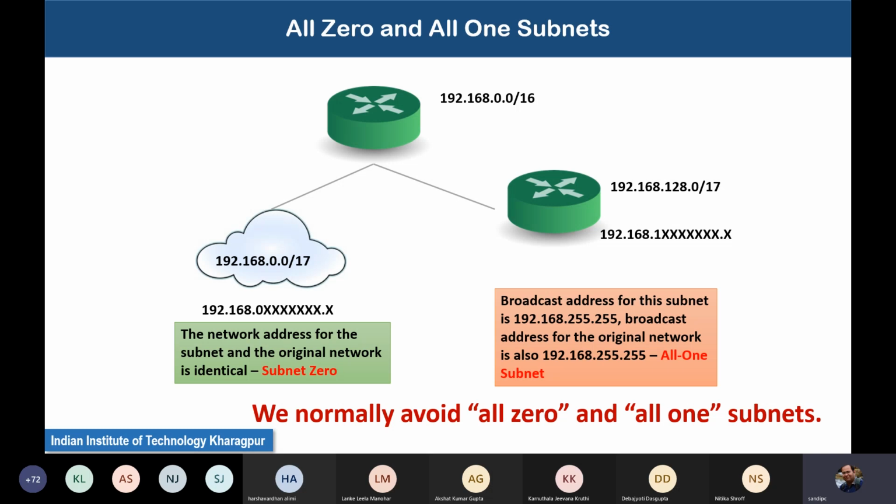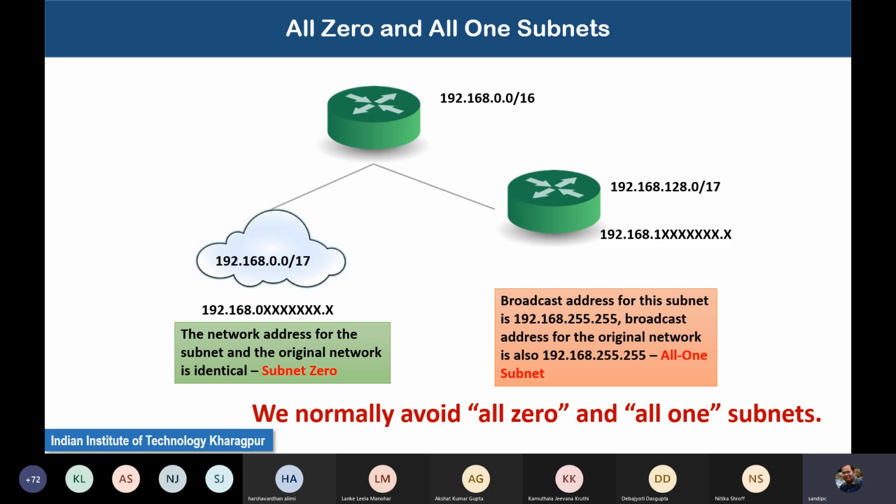In case of all 1 subnet, if you take this one here, the broadcast IP of this subnet will be all host bits as 1. So the broadcast IP will be 192.168.255.255. And the broadcast IP for the original network from where you have created the subnet is also 192.168.255.255.